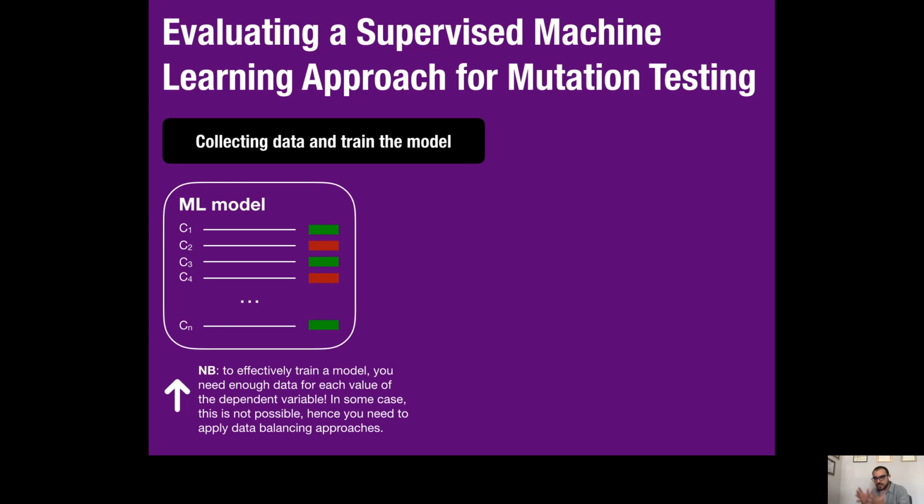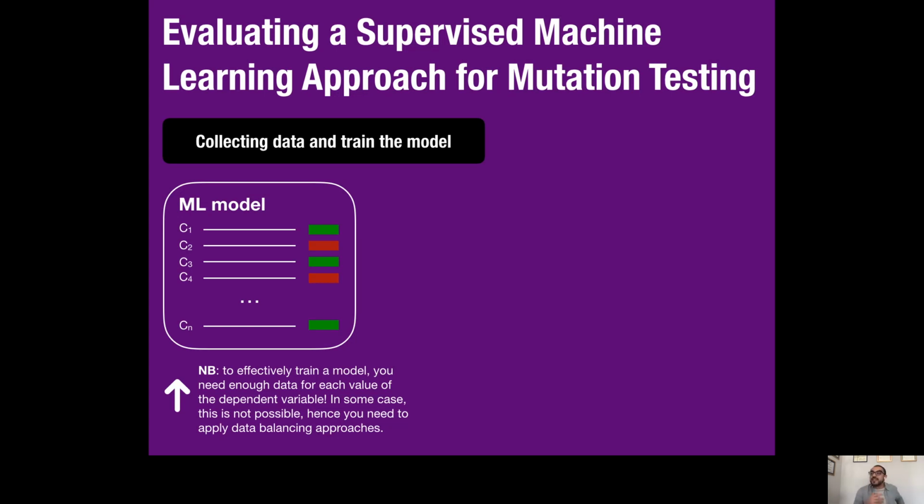I'm not going into details, but the idea is to balance the train set. In our case, we were lucky enough because, simply by design of the problem, we had the same amount of effective and not effective tests. So we didn't apply any data balancing approaches for this reason.